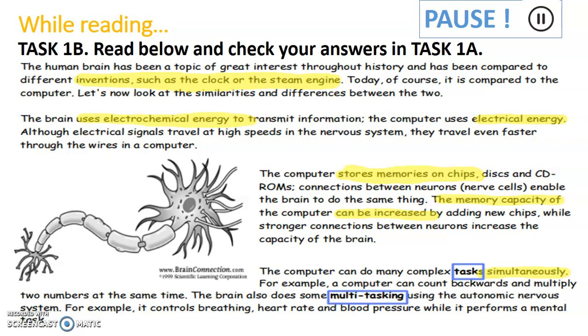Please pay attention. And also take notes of the important vocabulary items in your vocab journal. Some of the important vocabulary items for me here are the ones that are in blue rectangles. So this is my way of taking notes of the important vocabulary items. So please pause the video now and read carefully.